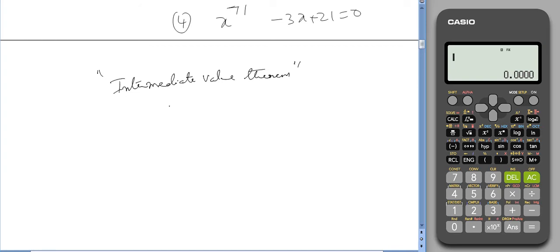So in the next class we will discuss the intermediate value theorem, then we will find the location of the roots with the help of the intermediate value theorem. Then we will discuss the solution of an equation using the geometrical method.